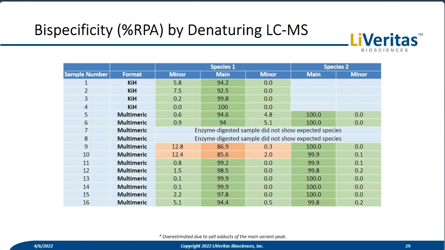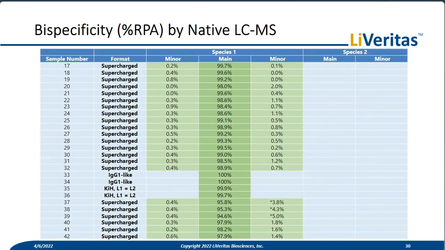And then the rest of the samples, over 50 samples, were analyzed using native LCMS. Again, most of them are supercharged molecules, and so it was very helpful. Native LCMS is very helpful in determining bispecificity, again, differentiating the main species from the minor species of these bispecific antibody samples.